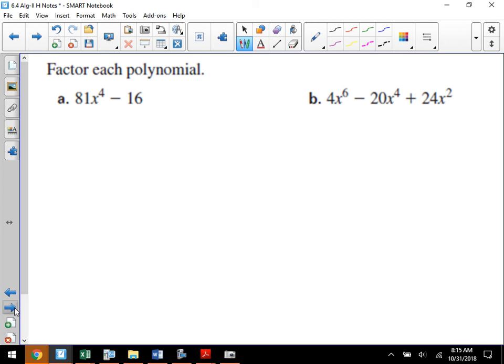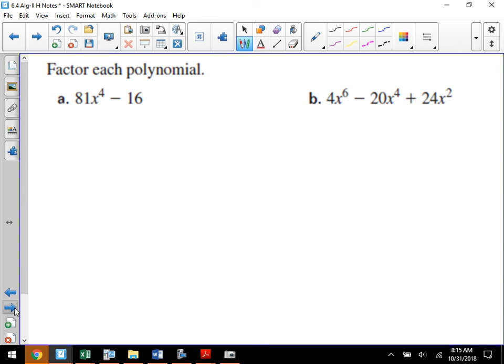Okay. Try that: 81x to the 4th minus 16. Let's see what you can think of here. It's a 4th degree. But here's the trick. Is the first term a perfect square? Yeah. It is, because how do you get x to the 4th? Isn't x to the 4th x squared squared?